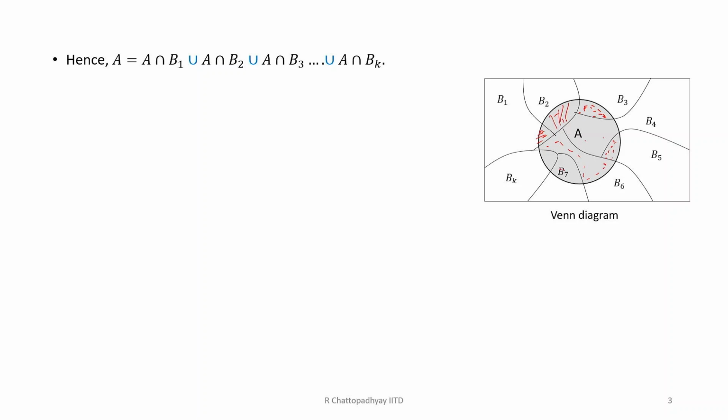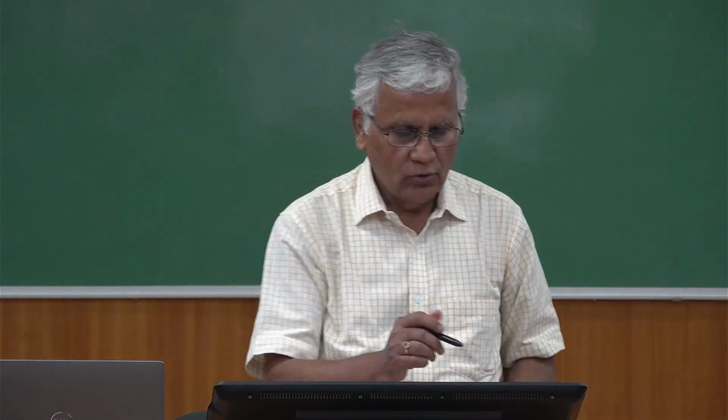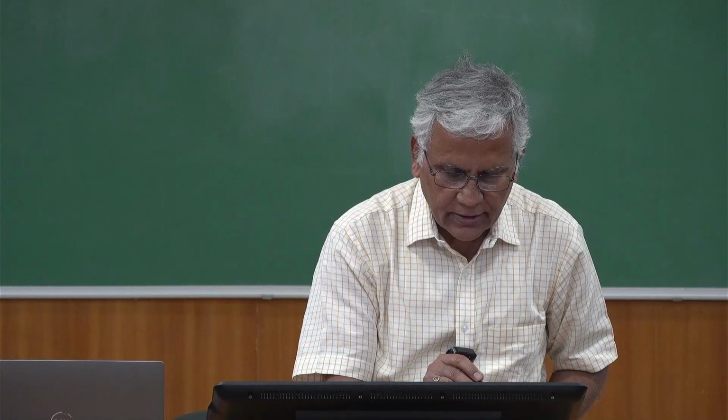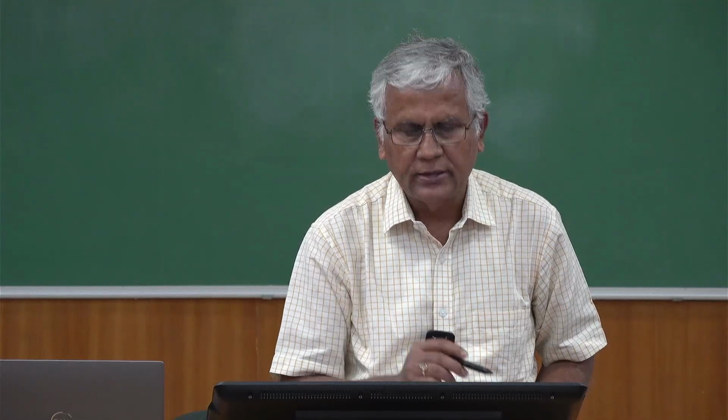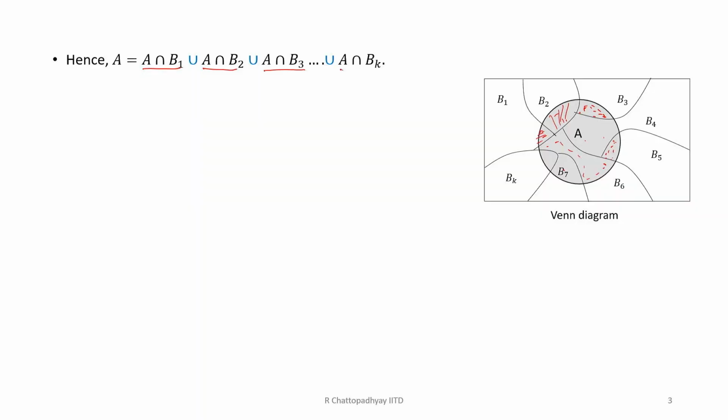So therefore, if I write what A is, A is the summation of individual intersections. So A intersection B1 union A intersection B2 union A intersection B3 union A intersection Bk.